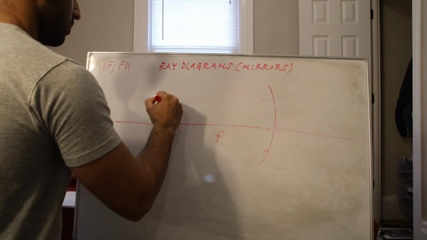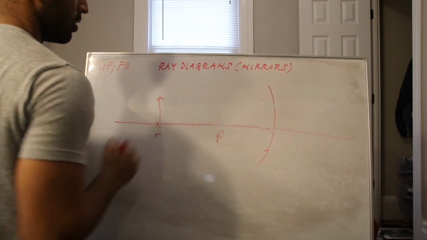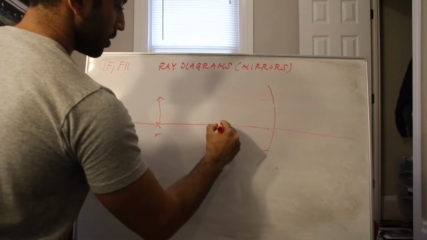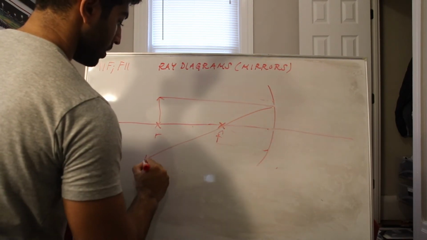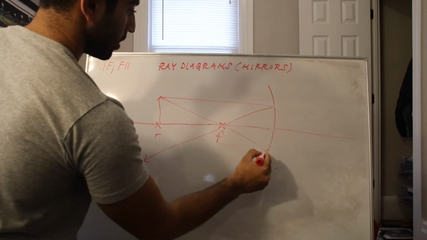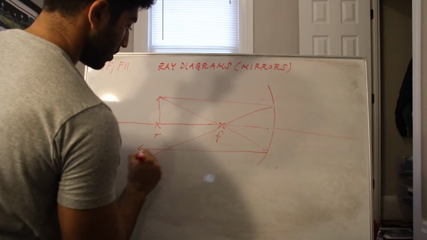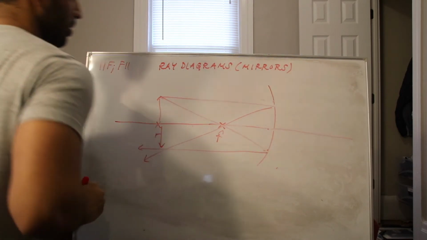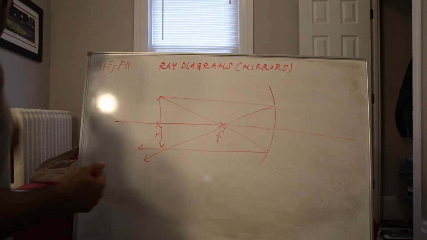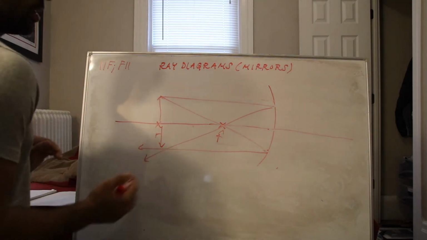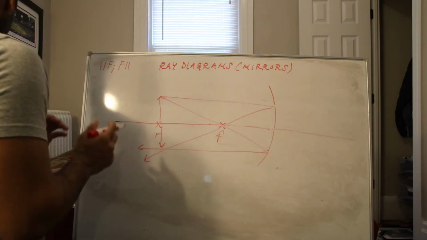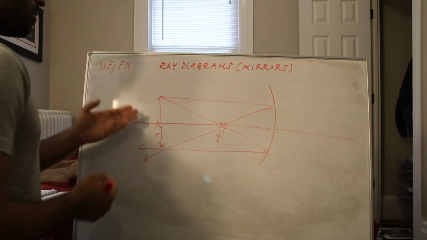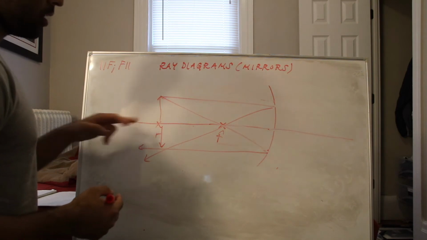So let's say I have my object here. Parallel, F, parallel. I didn't draw this properly, but if I did draw it right with a ruler, you'll see that if you go parallel through F parallel, your image distance will be at your center of curvature.